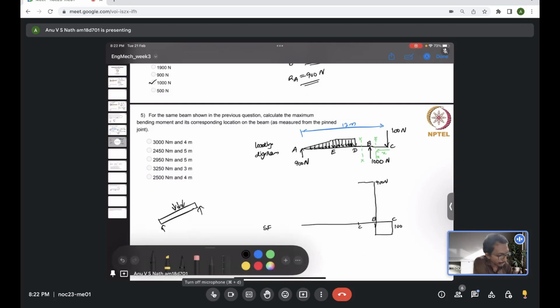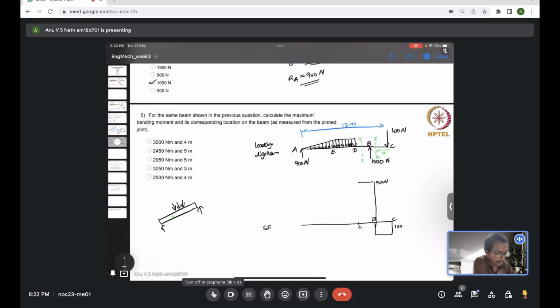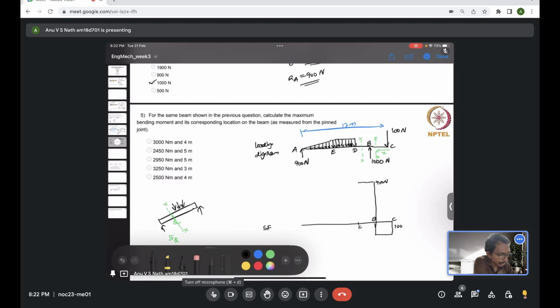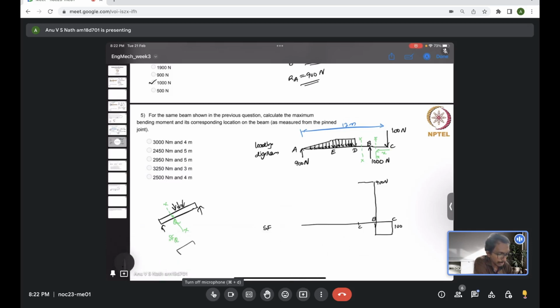So if you have a particular location, let's say I call it point Q, you want the shear force at that particular location Q. You think that there is a section passing through that, xx, which is cutting the beam into two pieces.